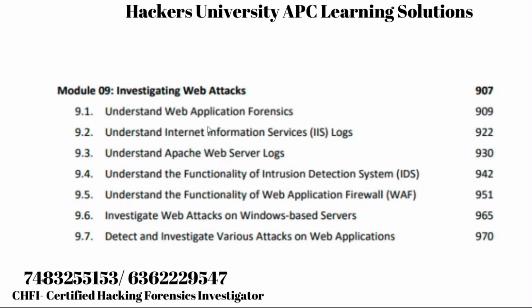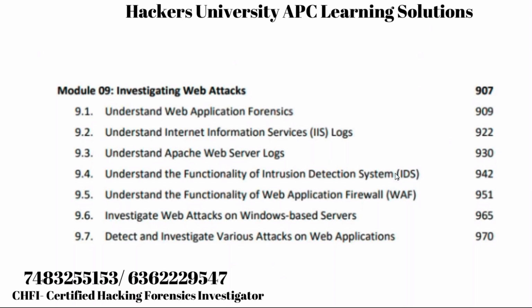We will examine the IIS log, Internet Information Services. It's a Windows web server, and then understand the Apache web server log, then understand the functionality of intrusion detection systems. So we'll understand what IPS and IDS are. Intrusion prevention as well as detection systems are part of security controls that help us monitor the traffic 24/7, and based on different rules they will act.